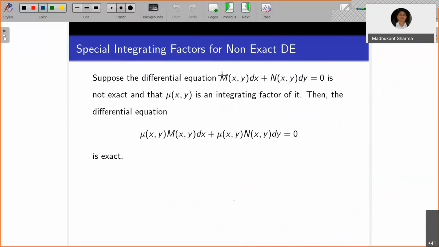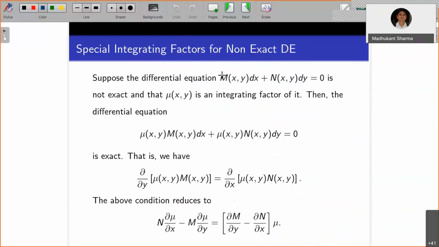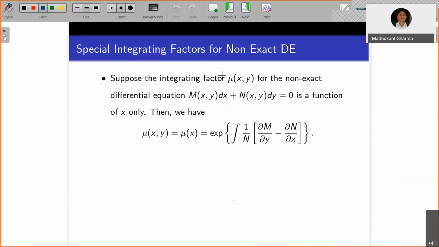So we have also looked at this special integrating factor, which I've already spent too much time on. We have already seen the possible integrating factor for a non-exact equation if it is a function of x only: e to the power integral of g(x) dx.